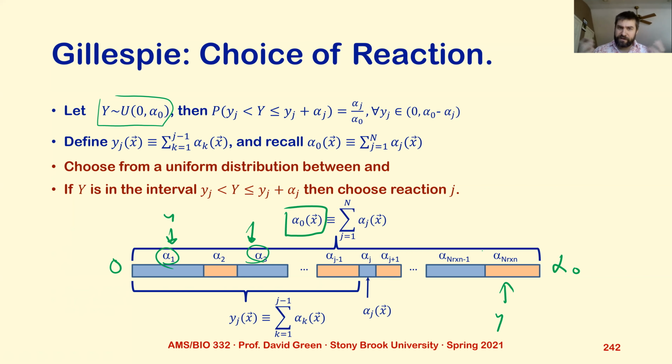Right? Very simple. We're going to choose from a uniform distribution between, sorry, it looks like there are some missing letters here, between 0 and alpha naught. And then we ask, if y is in the appropriate interval, that's which reaction we choose.